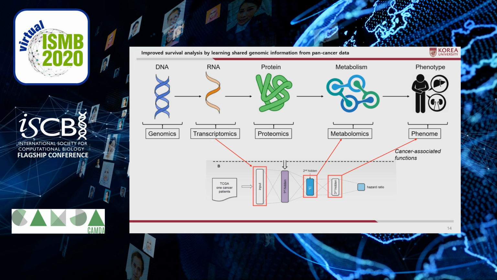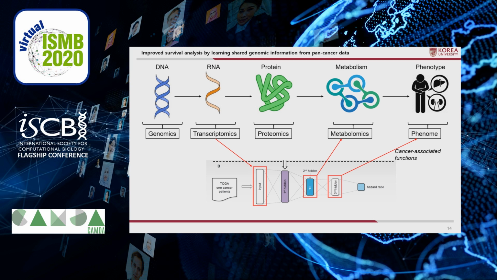The proteins interact with each other and generate metabolites. Then finally, the phenotype is observed, right? Based on the interpretation analysis above, our model somewhat follows the central dogma.